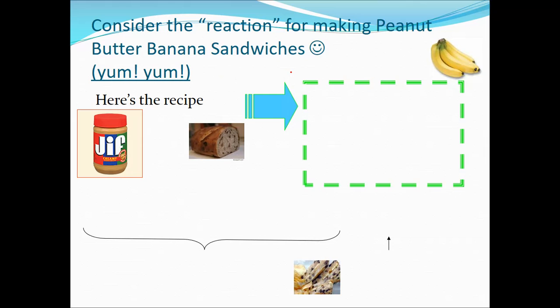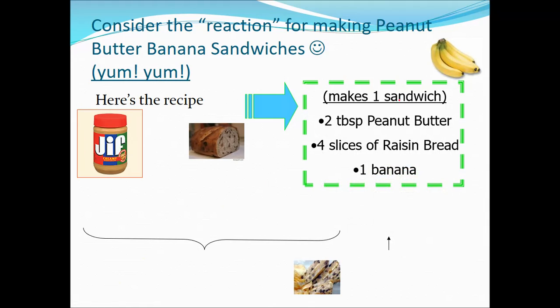How many of you have ever tried one of those? Peanut butter banana sandwich. So here's the recipe, okay? To make one sandwich, you would need 2 tablespoons of peanut butter, 4 slices of raisin bread, and 1 banana. That, when put all together, you would make the perfect peanut butter banana sandwich.